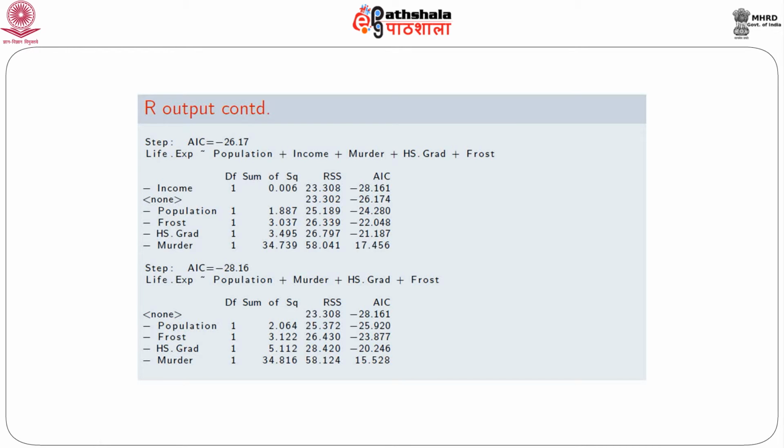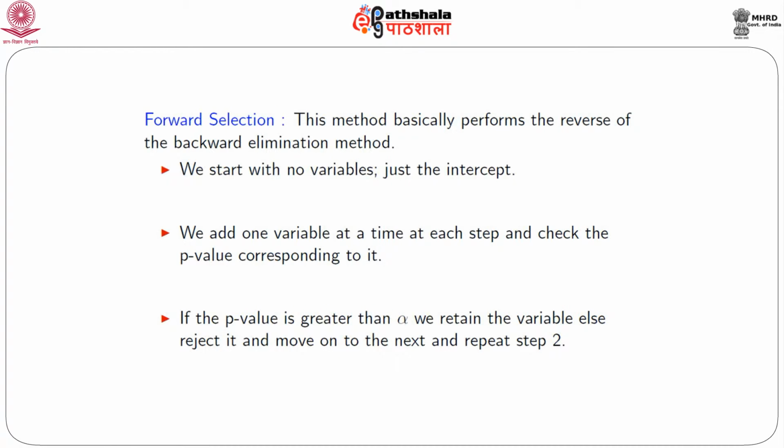The second method of selecting variables in a regression model is the forward selection method. This method basically performs the reverse of the backward elimination method. In the backward elimination method, we had started with the entire model which contained all of the predictor variables and then eliminated one predictor variable at a time.